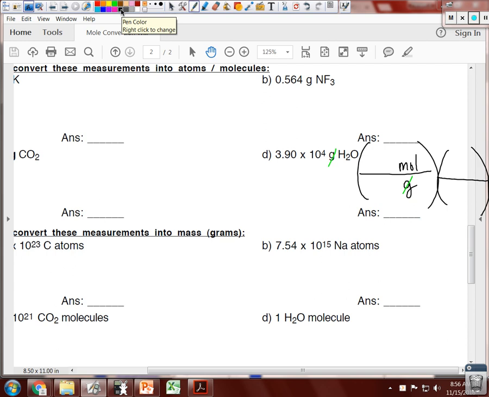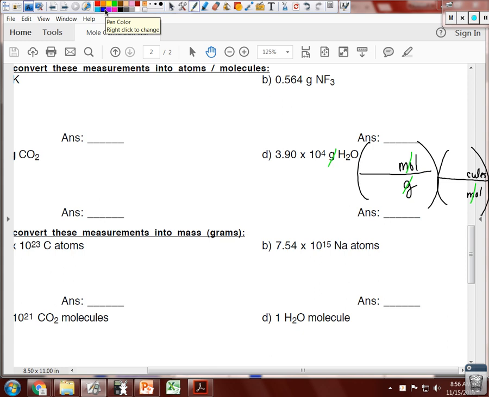The question was asking about molecules. Well, I'm only in moles, so I got to go one more step. So if moles is on top, where does it go? It goes on the bottom, and then I can abbreviate molecules as cules. Okay, so I know I can cancel out mole, and I'm left with molecules, which is exactly what I wanted.